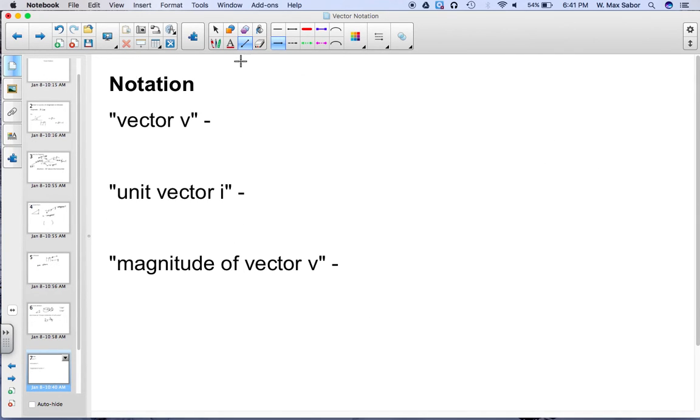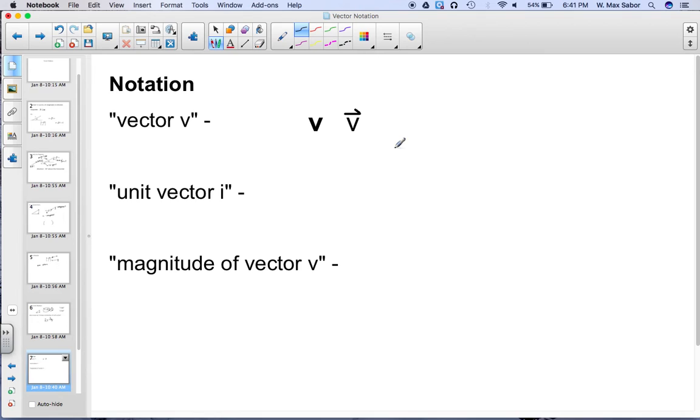It is worth pointing out that there are multiple ways to type these. I don't use all of these with the same frequency. Bold V is an option, but the one that I prefer for describing a vector is a V with half an arrow over it. That's what I'm used to, but a bold V is just as good to describe vector V. Either one of these is fine.